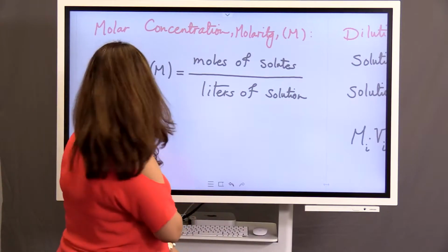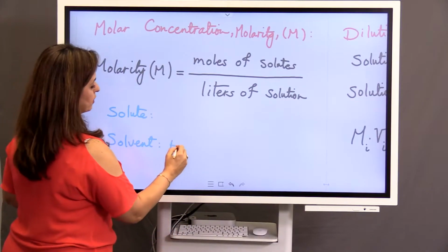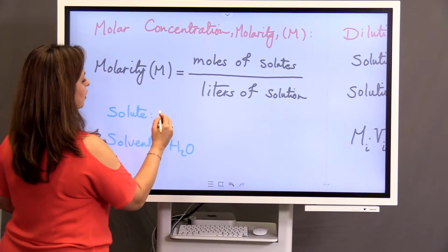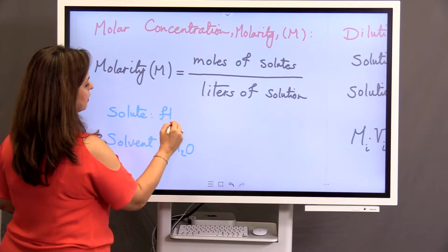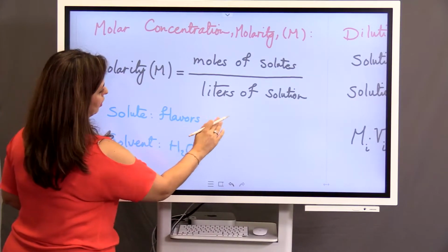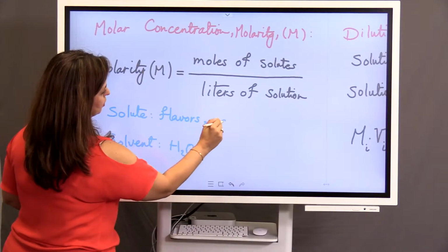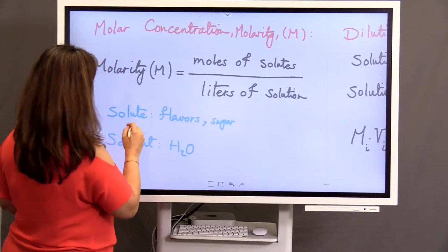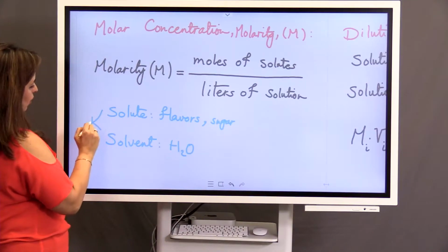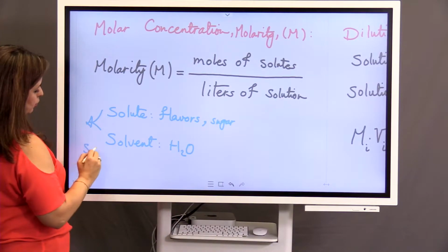What is the solvent in lemonade? I'm sure you will say water. And the solutes are the flavors and sugar. So solute and solvent together will form a solution.